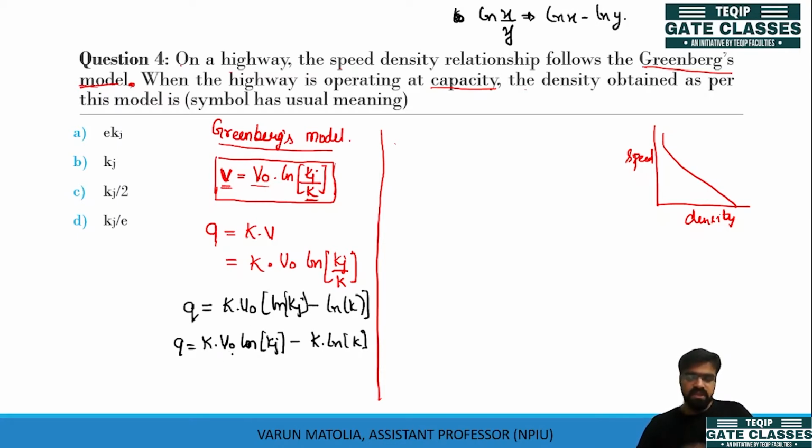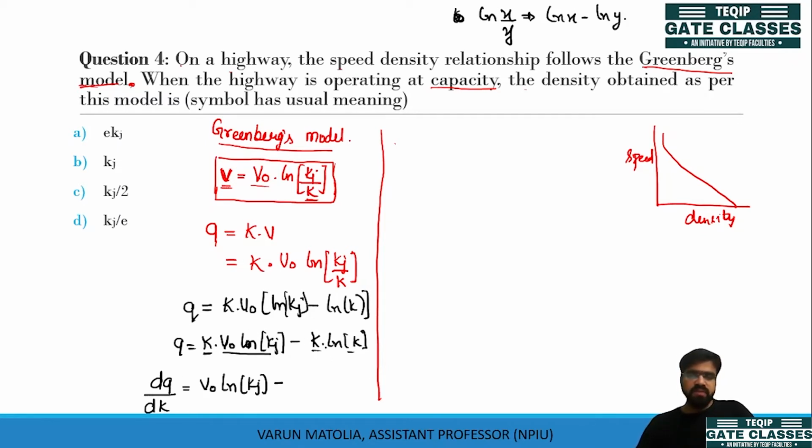Here, in the first part of the equation, k is the variable and these both terms are constant. In the second part, both the terms are variable. Now let us differentiate it, dq by dk. When we differentiate, this value will remain the same: V naught natural log kj. The k value will disappear because differentiation of k in terms of k will be equal to 1.